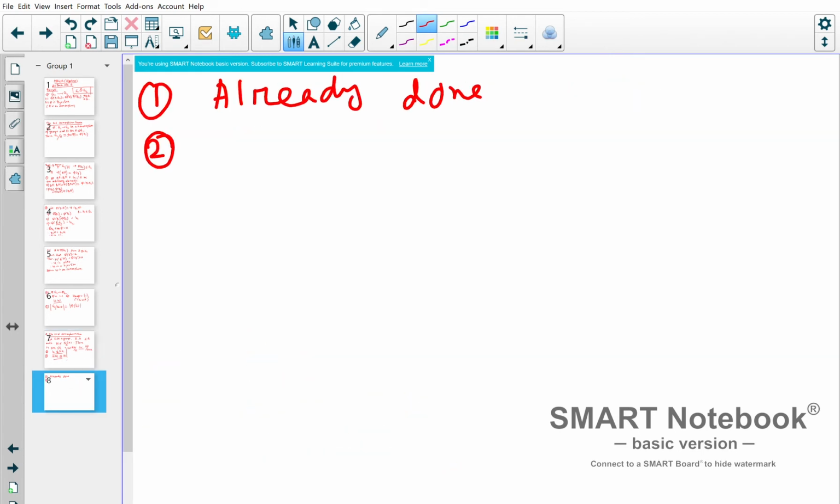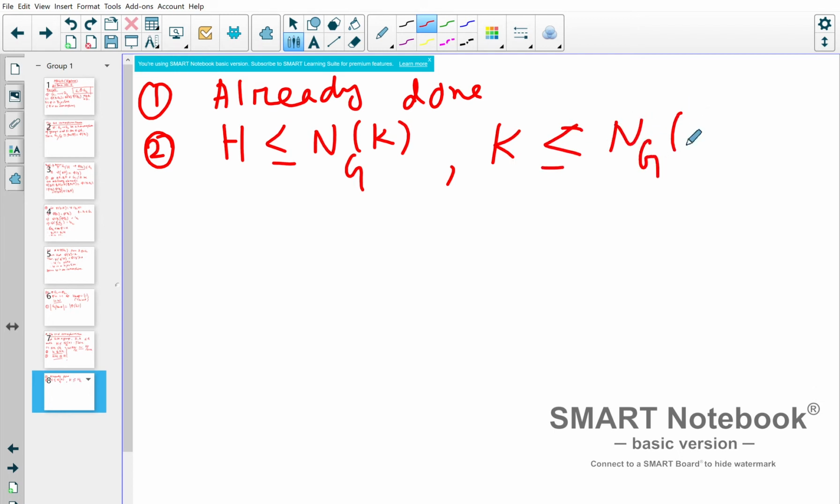You see that H is a subgroup of the normalizer of K inside G. Similarly, K is also a subgroup of the normalizer of K by definition, right? Because every element of K normalizes K, so it belongs to the normalizer, and hence HK is a subgroup of the normalizer of K in G, right?